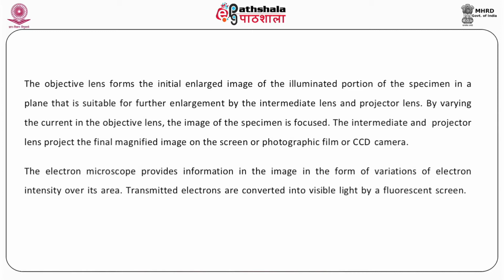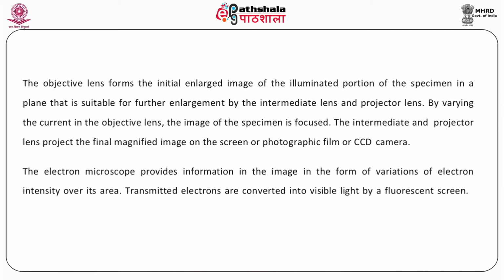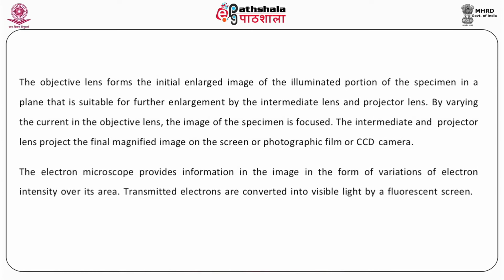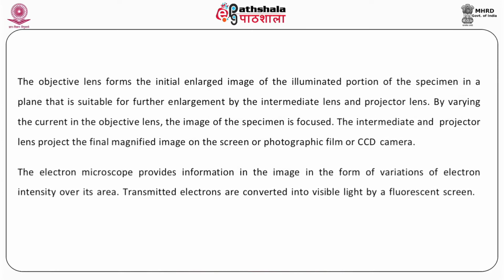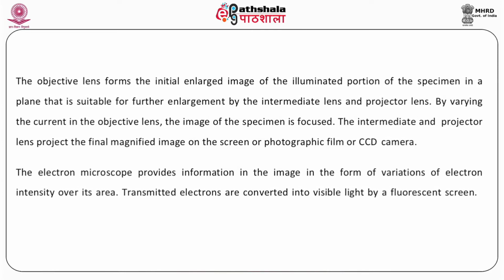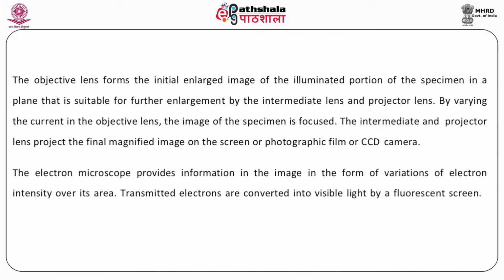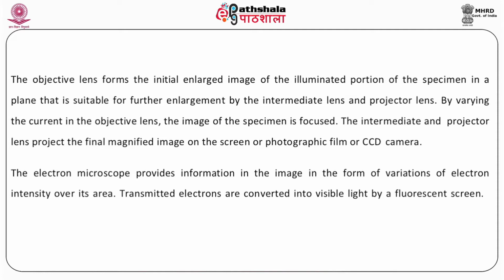The electron microscope provides information in the form of variations of electron density. What you are collecting is only the intensity over a particular area. If the transmitted electrons are converted to visible light by a fluorescent screen, you can see a fluorescent picture.